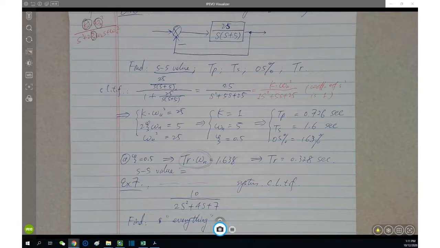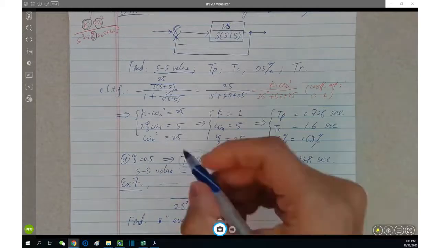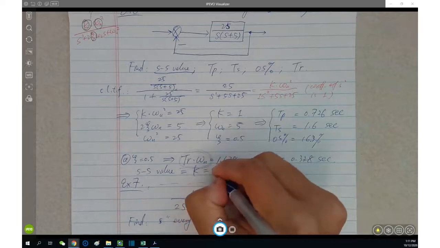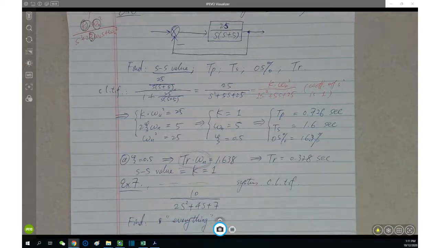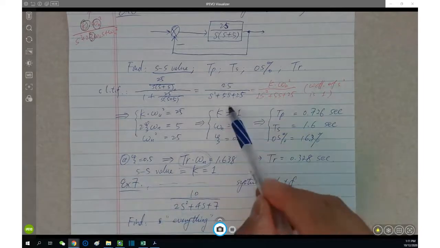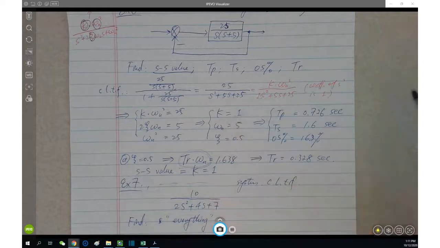Okay, very good. Steady state value equals 1, because steady state value is simply equal to the constant gain k. So as long as you derive the k value here, you know this is nothing but the steady state value.